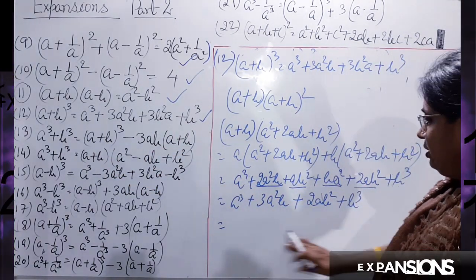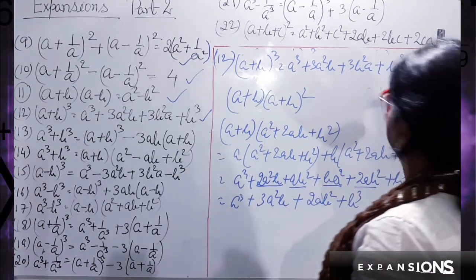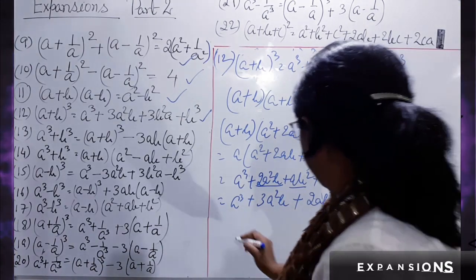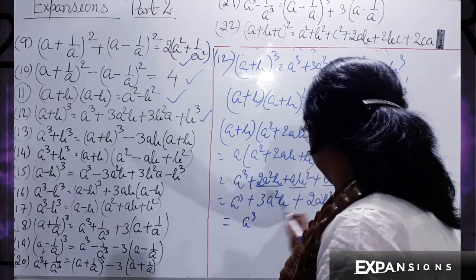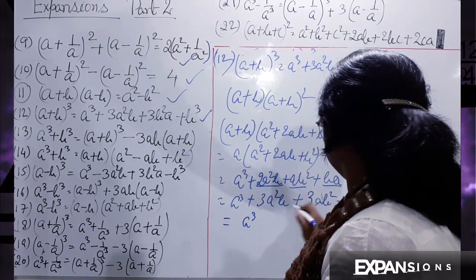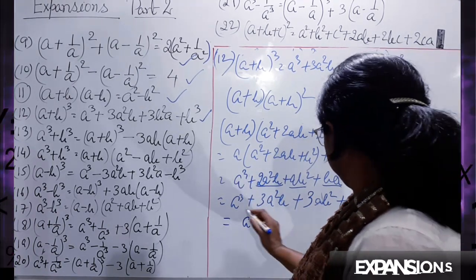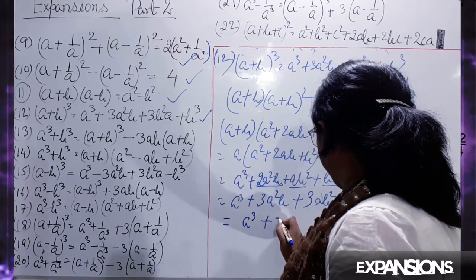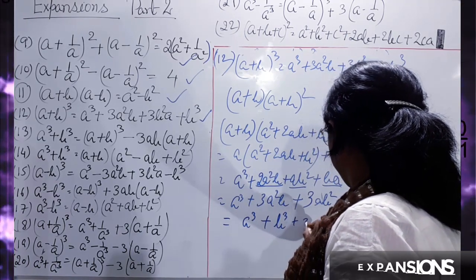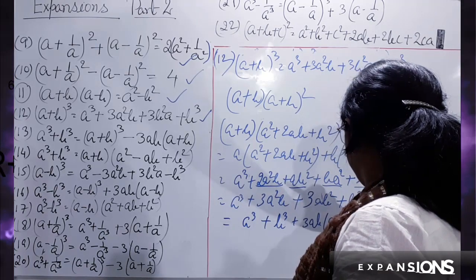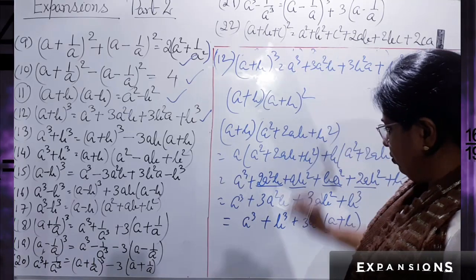Then the same identity if we write like this, a cube plus b cube plus 3ab into (a + b). Sometimes you can see the identity written in books like this also.